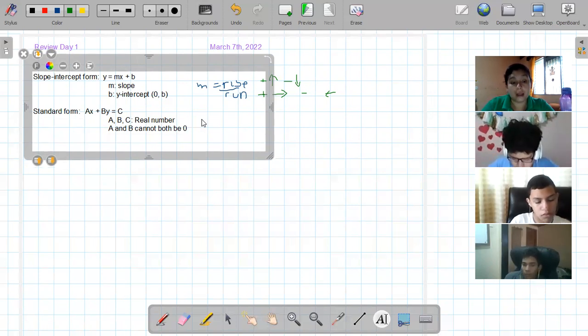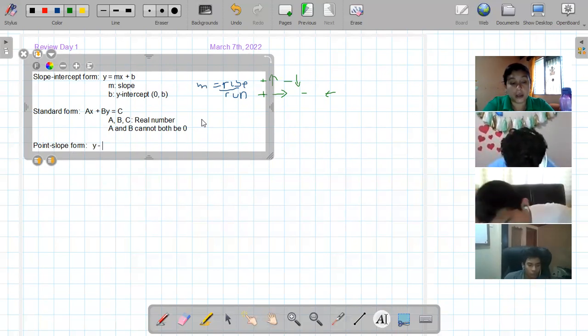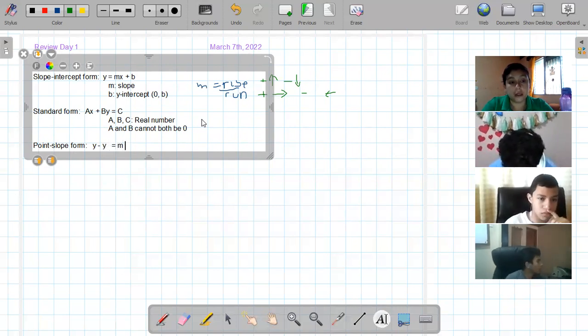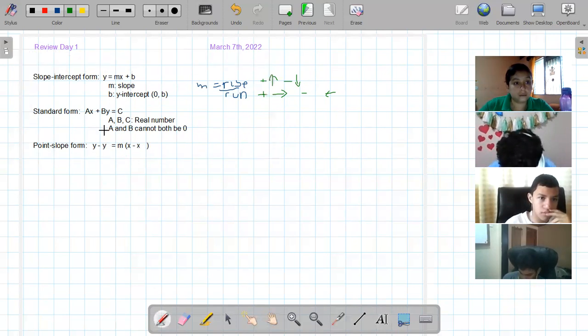That's the standard form. And the other one, the last one, is the point slope form. Point slope form has a particularity that is with a given point. So we got y minus y1 equals m times x minus x1, okay?